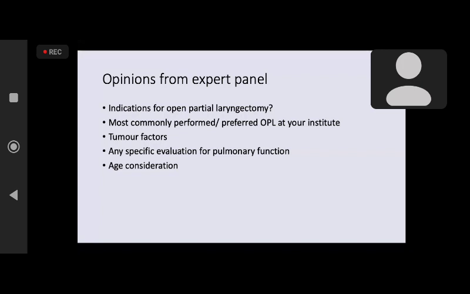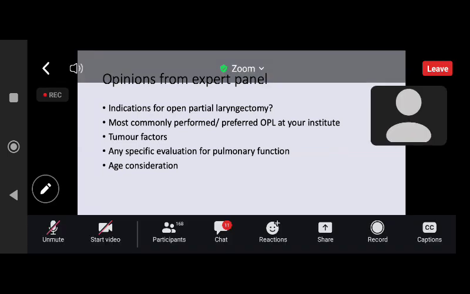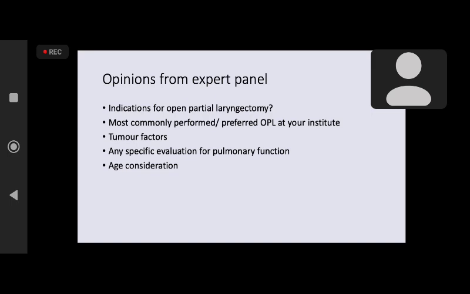Yes, I do agree with Dr. Kannan and Harsh there. The most important factor we have to look into is the pulmonary status, and most of these patients will be smokers. So when you consider open partial laryngectomy in all these patients, the most important factor is the pulmonary function and any risk of aspiration.